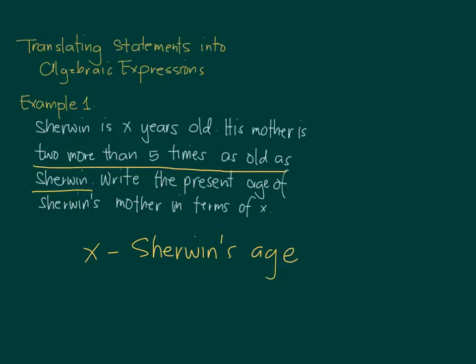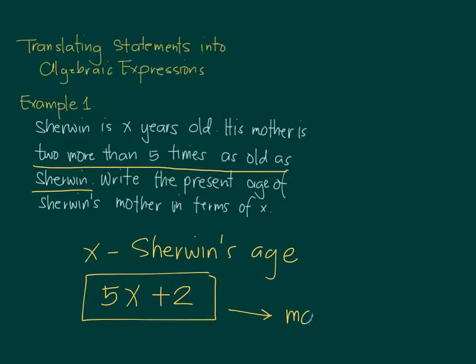So when we say 2 more than 5 times, 2 more means plus 2 more than 5 times the age of Sherwin. So the age of his mother should be 5x plus 2. This is Sherwin's mother's age, 5x plus 2.